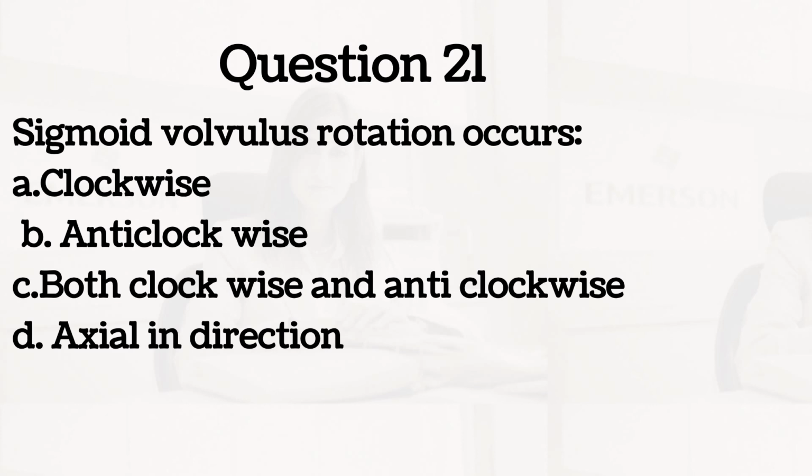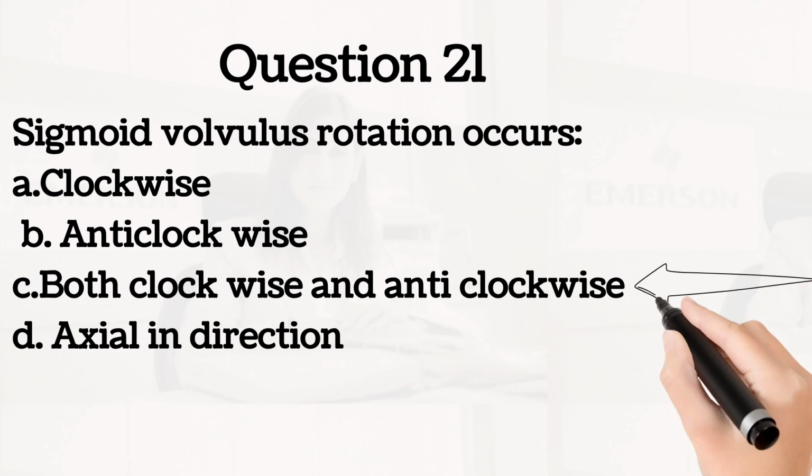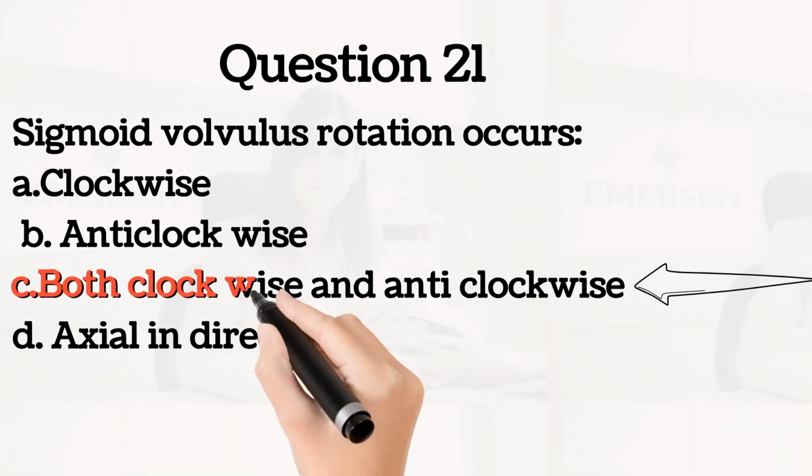That's how sigmoid volvulus occurs. Just a tip, if there is a question asking for your typical coffee bean sign or omega sign in sigmoid volvulus, at least now you know it occurs both clockwise and anti-clockwise. That's how it forms.